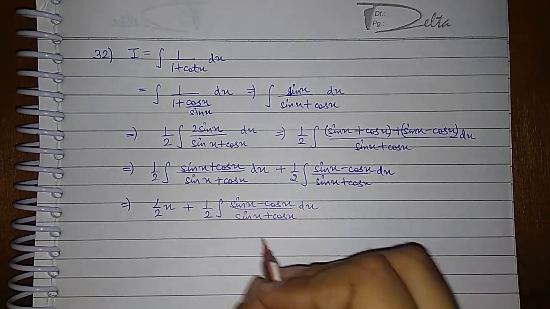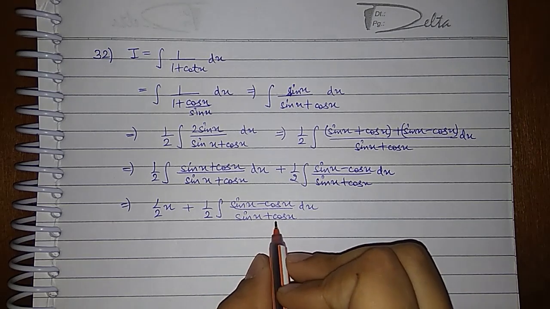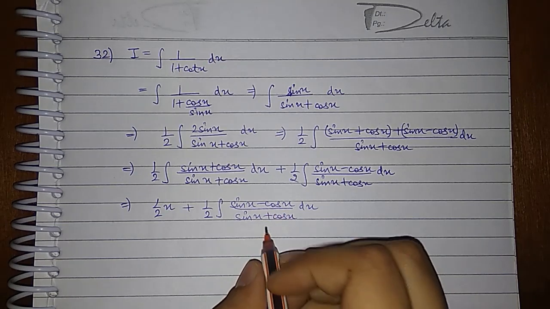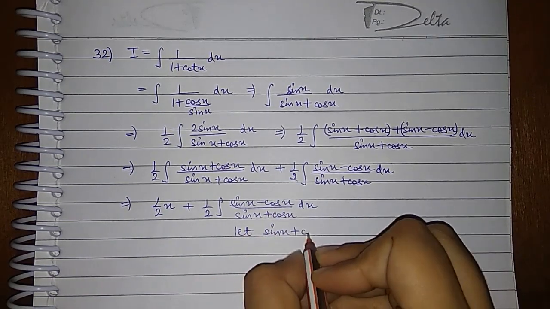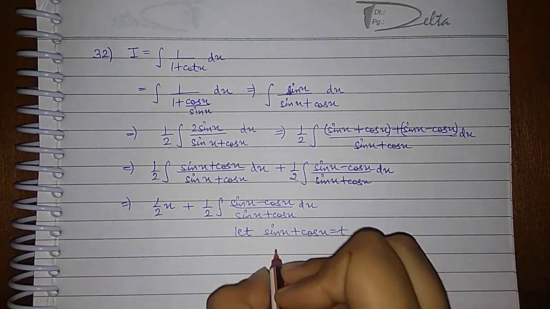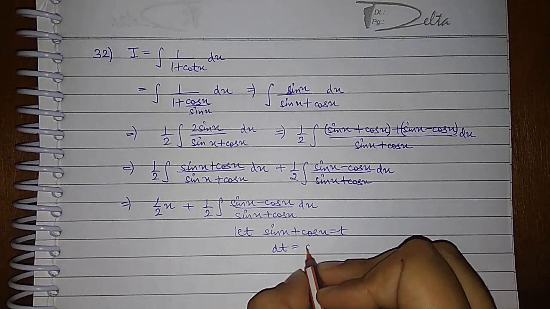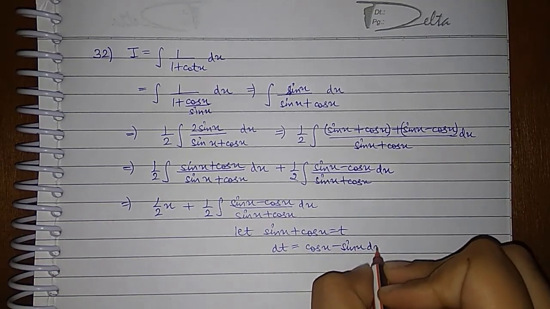dx. Now if we will see here, sin x plus cos x, we can let it as t, and differentiation of this will be this numerator one. So let sin x plus cos x as t. So differentiating with respect to x, dt will give us cos x minus sin x dx.